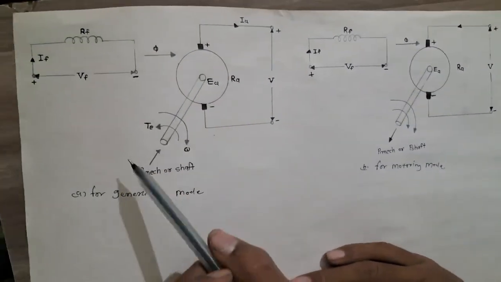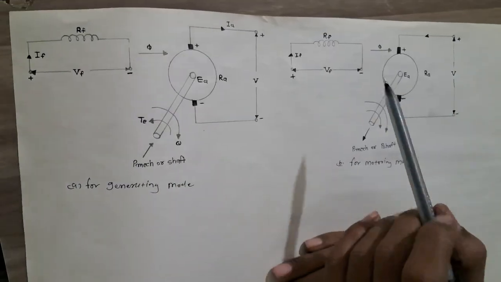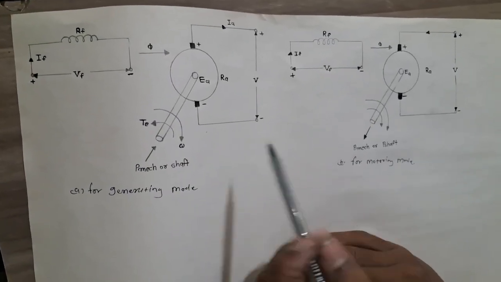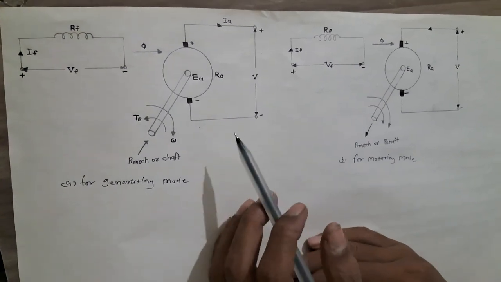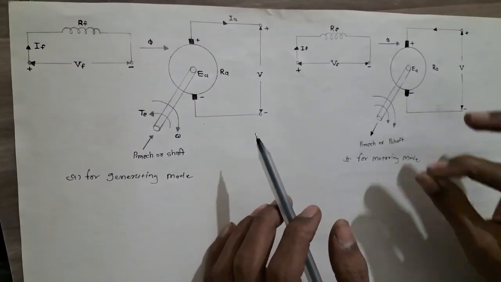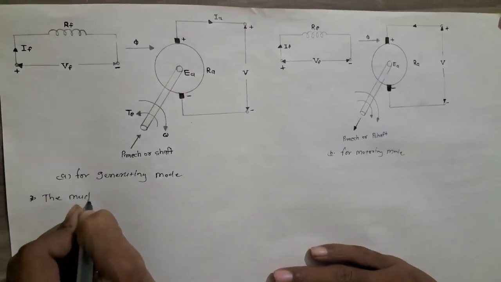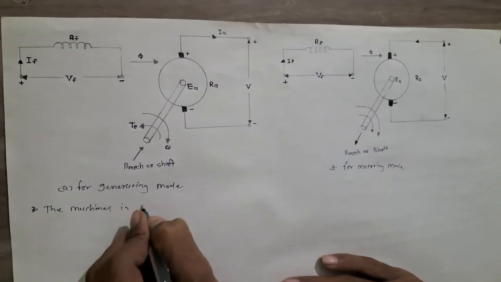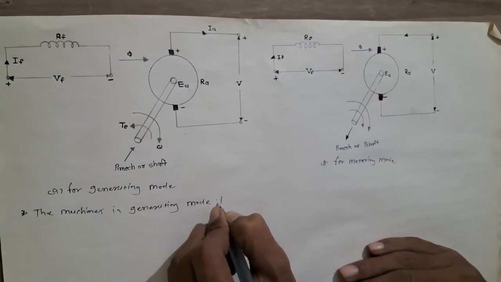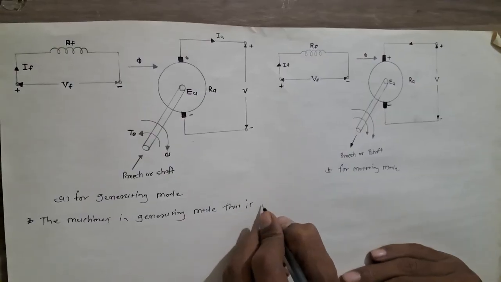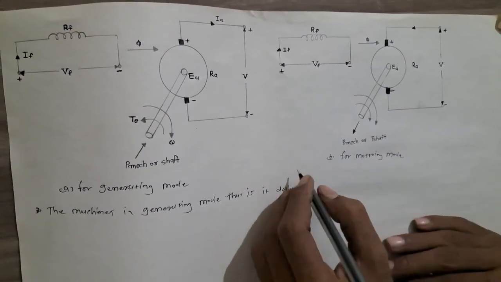The machine operates in generating mode, that is, it delivers electric power, when armature current IA and induced EMF EA are in the same direction as shown in the figure.